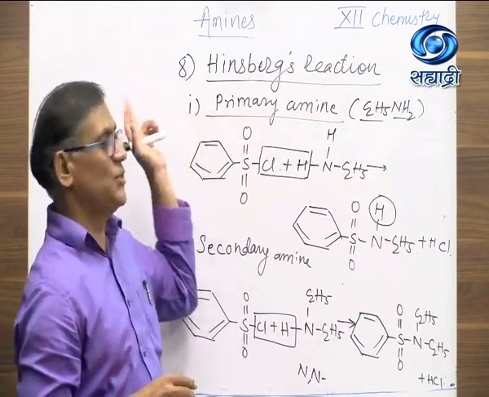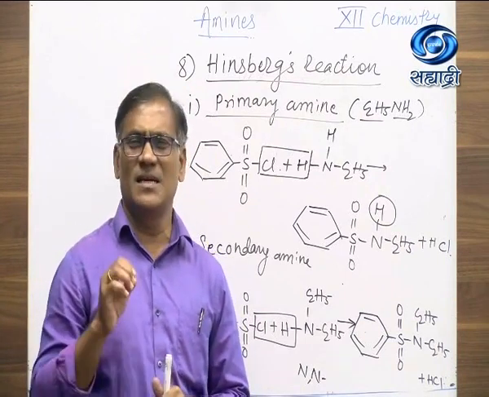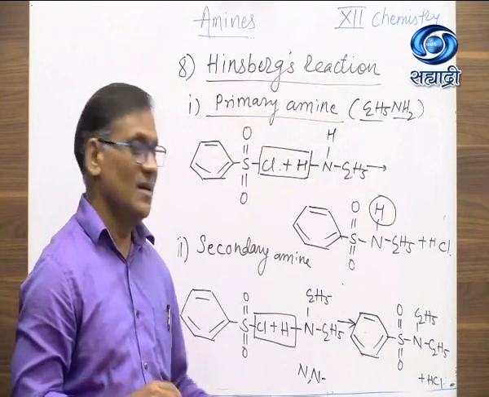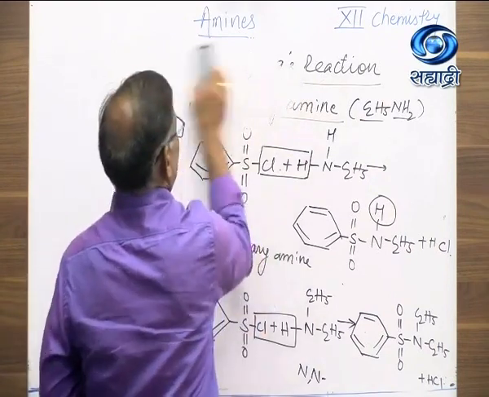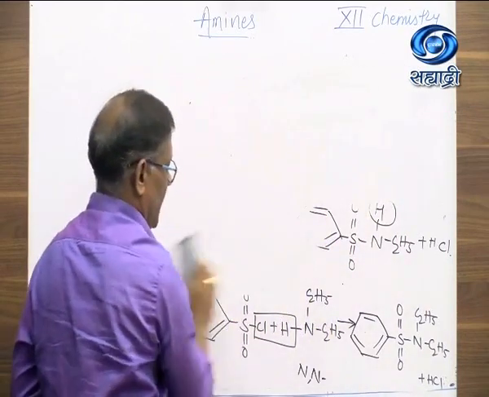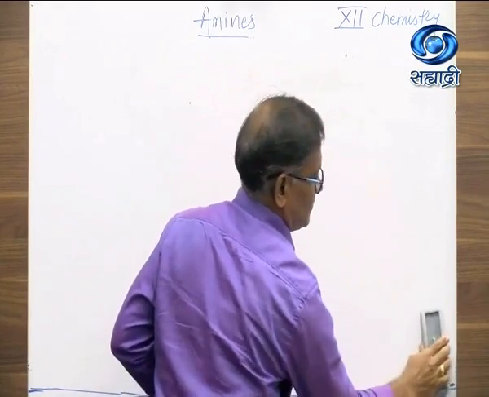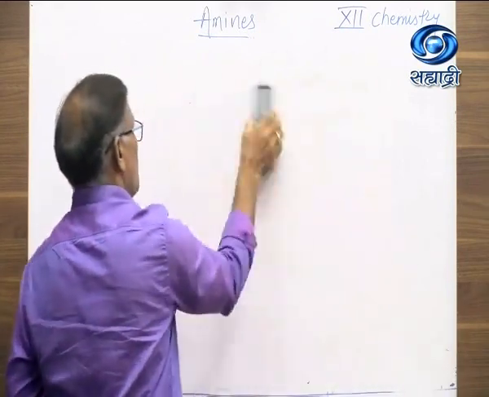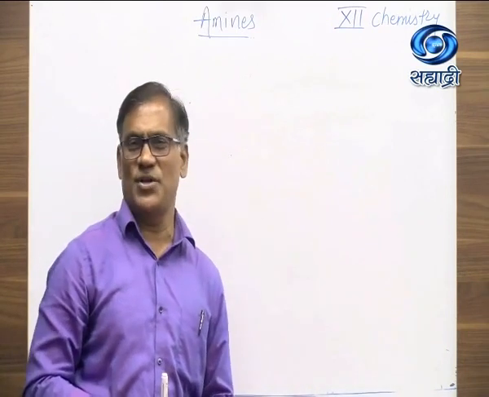This is reaction number 8. And now the last reaction of amine is coming up, that is the electrophilic aromatic substitution reaction. Students, in this we are going to study 3 important reactions: bromination, nitration and sulfonation. So 3 important reactions we are going to study, and we will finish this amine chapter.